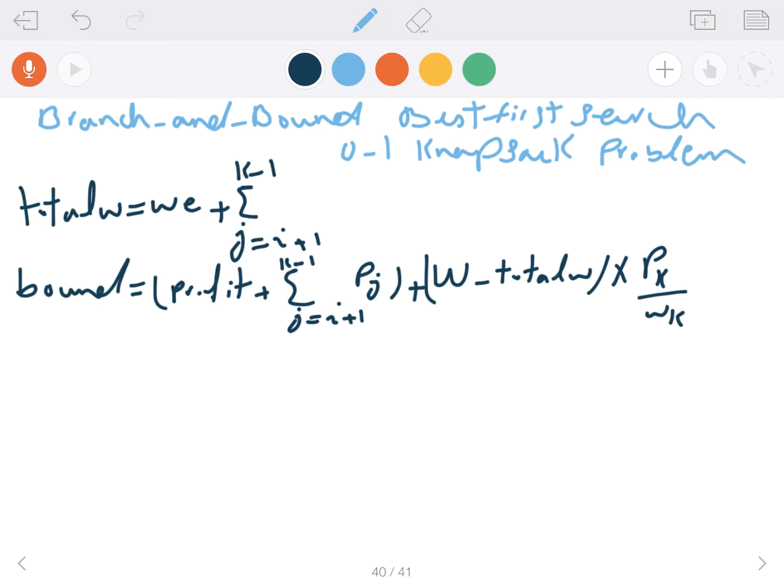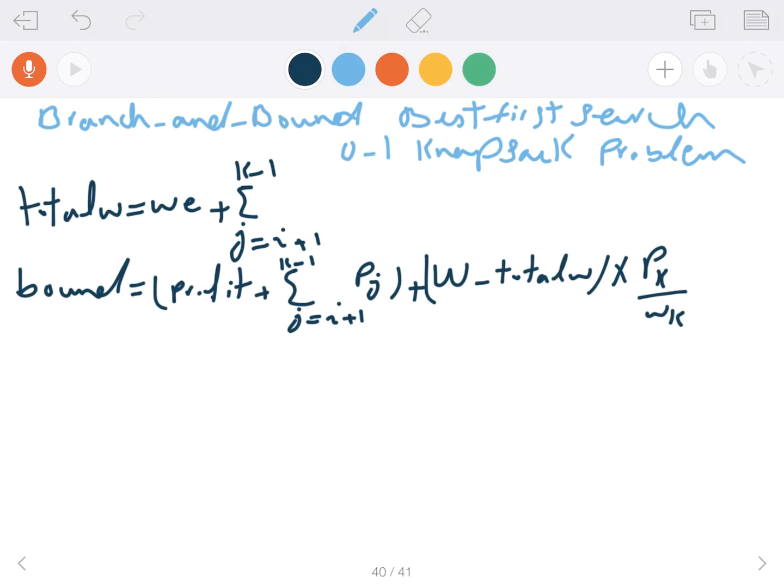Here, as you see, I have also written the things that we need to calculate the bound. In the previous video we showed you an example of a knapsack problem with 4 items and all of their values and weights. And in a few moments I'm going to show you how we can use these.